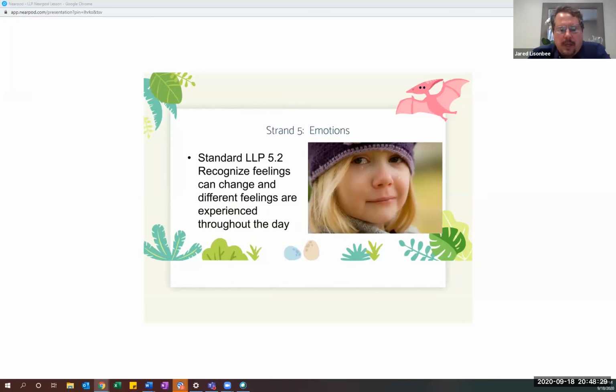Okay, so the next one, standard 5.2, recognizing that feelings can change and different feelings are experienced throughout the day. Here, one of the big things is to give children the permission to experience emotions. I get really concerned with the "if you chance to meet a frown, do not let it stay" view, where it's like, oh, you should be happy, because that's not the real lived experience of people.